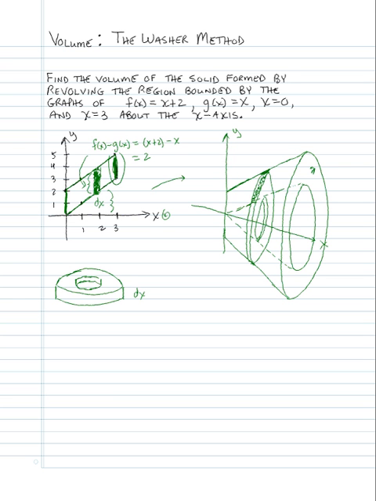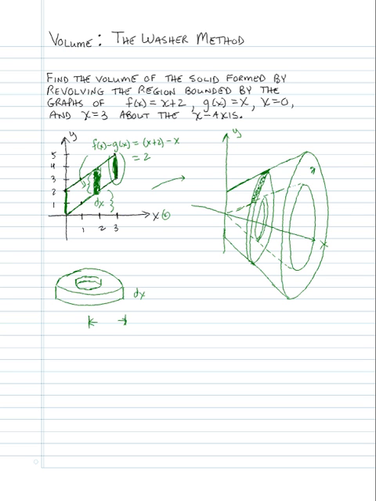In other words, there's two radii, if you will, that are at play here. One of the radii is from the center of this washer clear out to the outside edge. Now, that outside edge is defined by the top curve.